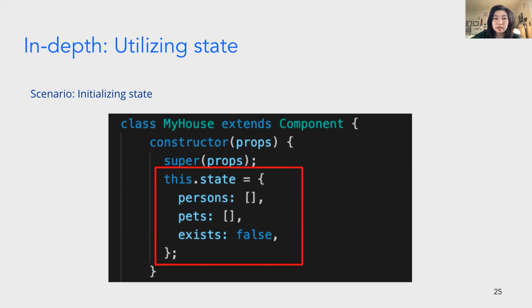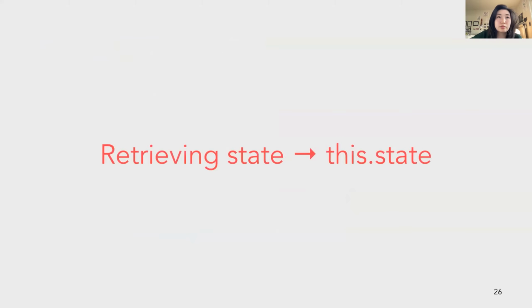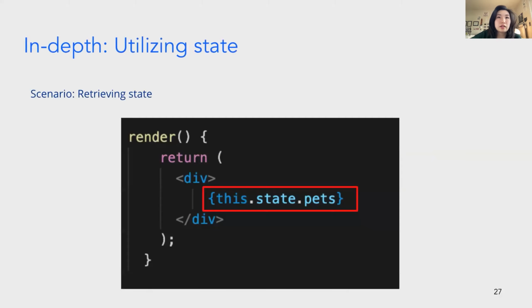This is similar to a Python dictionary initialization syntax. And if we want to retrieve state, we just do this.state, which is basically a JavaScript object. We can do this.state.pets, this.state.persons, whatever attributes you put, you just do this.state and you can retrieve it.